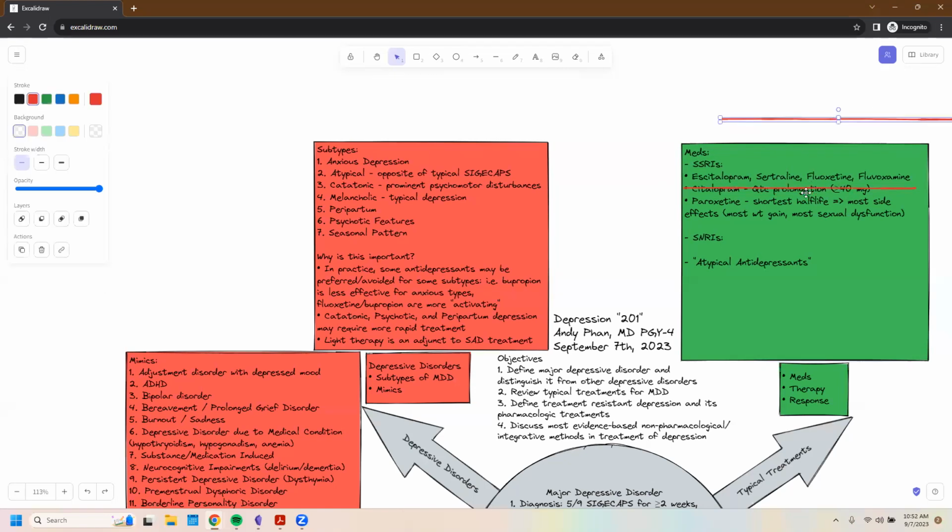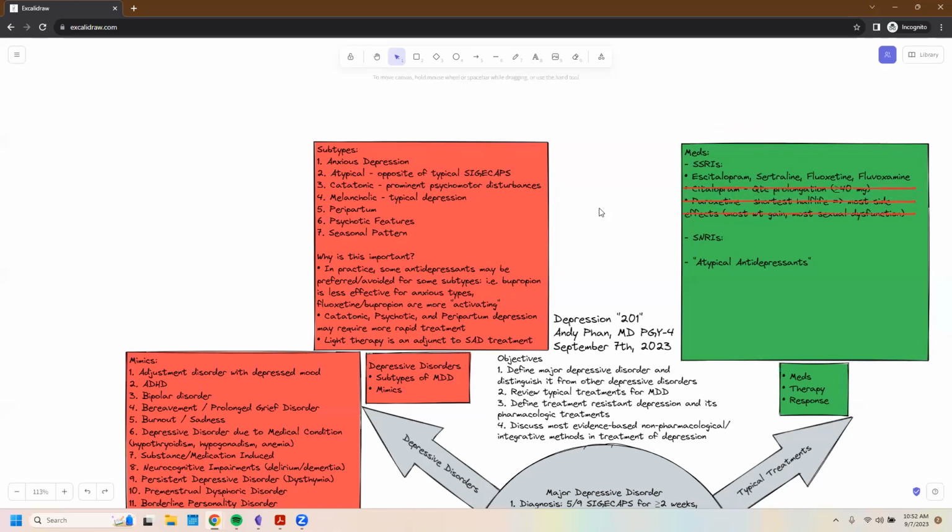But sometimes, obviously, if you get caught up in a lawsuit or if the patient starts to have an arrhythmia, you're going to think about, oh, was it the paroxetine or was it the citalopram that I started? Even if they're only 20 milligrams, you don't want to take that risk. And then you have to think about, oh yeah, good.